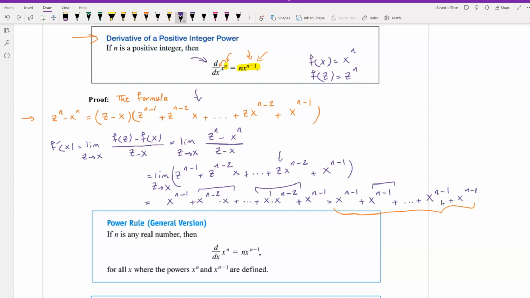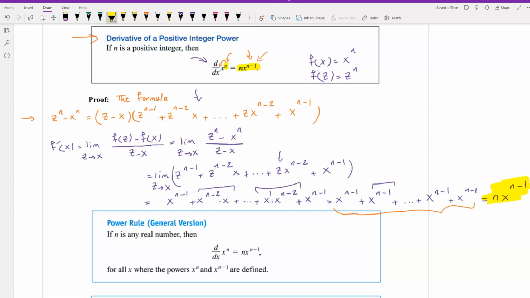So this means what we have here on this part is equal to n times x to the n minus 1. So this x to the n minus 1 is a power, and this part is repeated n times, so multiplied by itself n times.